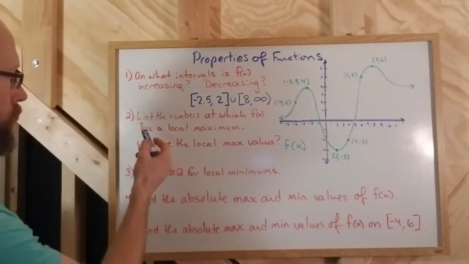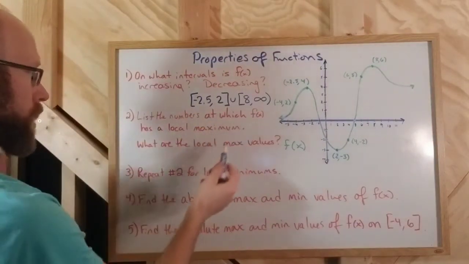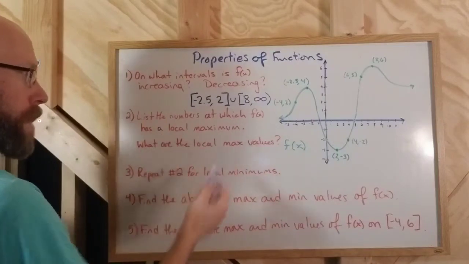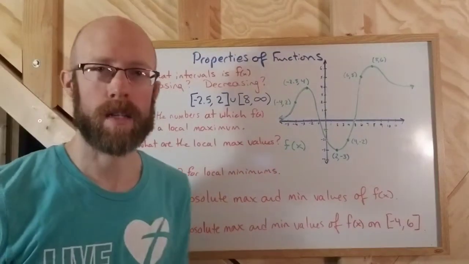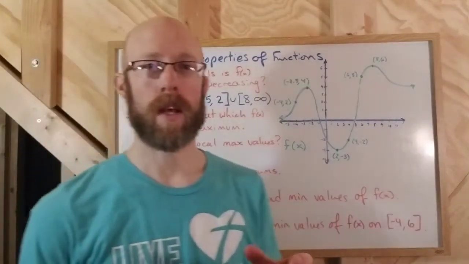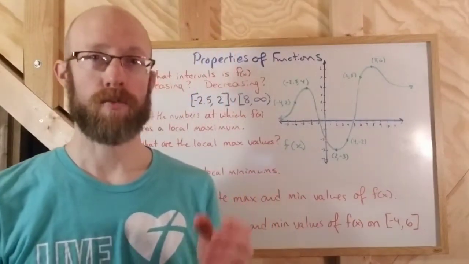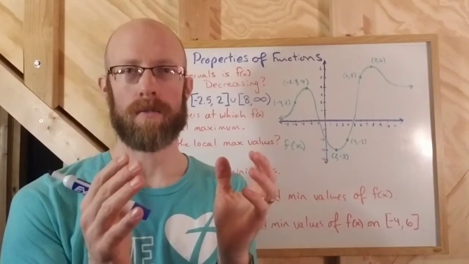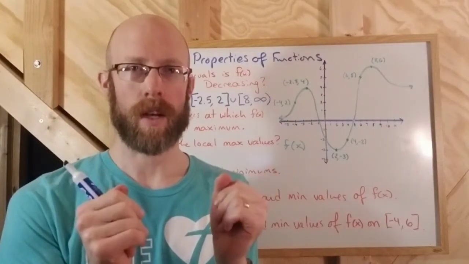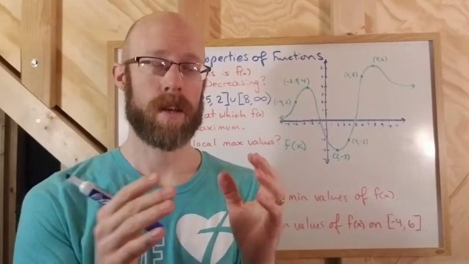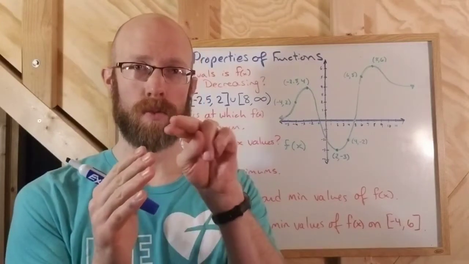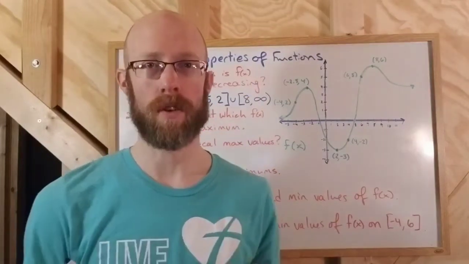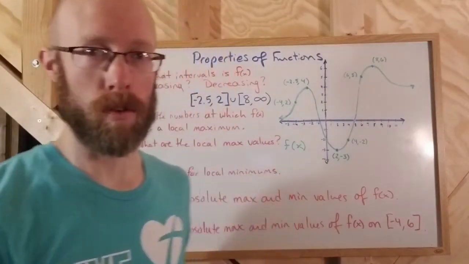Next question is, list the numbers at which f of x has a local maximum. Now a local maximum, like I said a moment ago, is a point where the graph reaches its highest value over some interval of x values. Okay, it could be an interval of any size. So any size interval, if you reach a maximum in that interval, then you've achieved a local max.